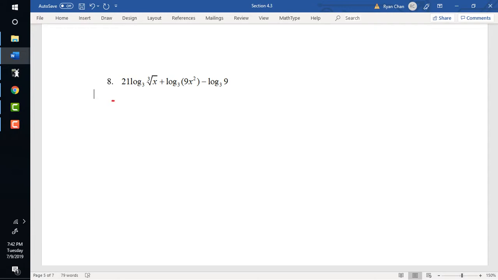So here's the thing. Because it's in radical form, let's talk about what the cube root of x is. Remember, this is the same thing as, instead of cube root of x, I can say this is x to the 1/3. Okay. Now, I have multiple things happening at the same time. So, the first thing is, if you notice, I cannot combine these, right?